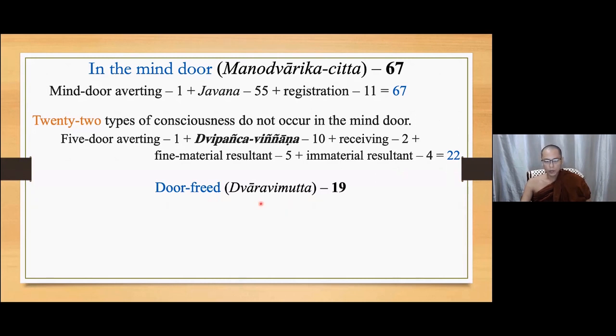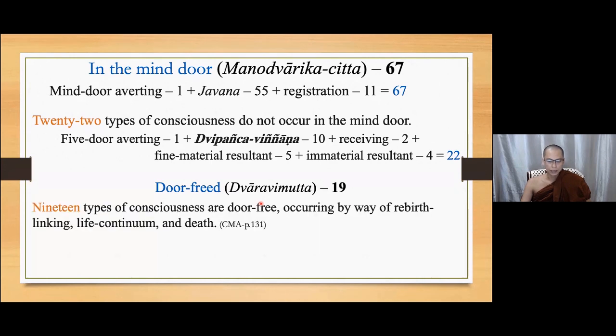Then let's see the door-free, dvara vimutta, 19 consciousness. That is not new here, we already studied it in the compendium of functions. These are the 3 functions: the consciousness that performs rebirth-linking, life continuum, and death. So they include 19 consciousness.